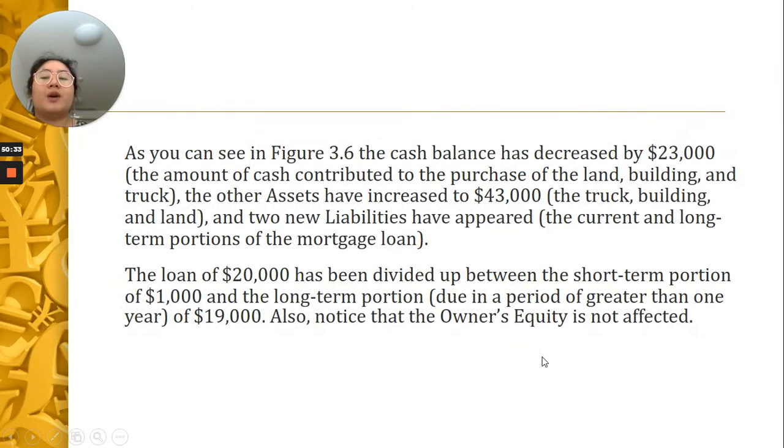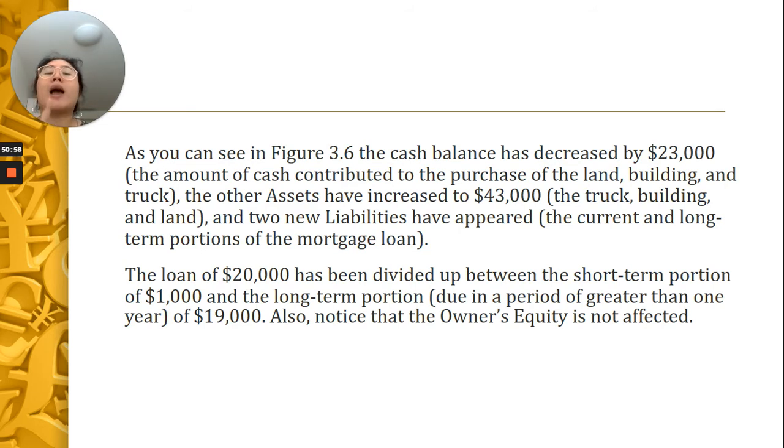So if you look at that figure, the cash balance decreased by 23,000, which is the amount of cash contributed to purchase land, building, and truck, and the other assets have increased by 43,000 because you buy the trucks, the land, the building.